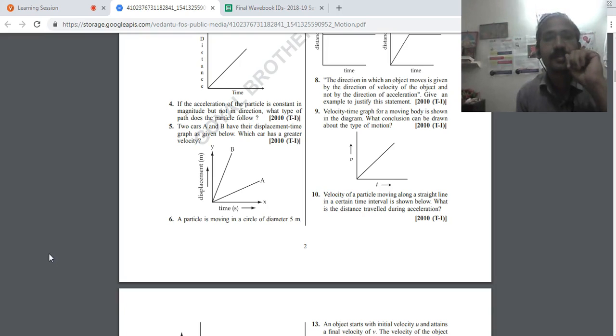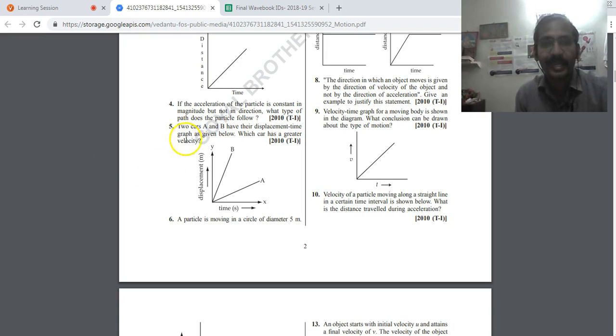Circular motion. Yes. In circular motion, the direction is changing, but the acceleration is constant. Non-uniform path is different. Non-uniform path means it won't cover equal distances.